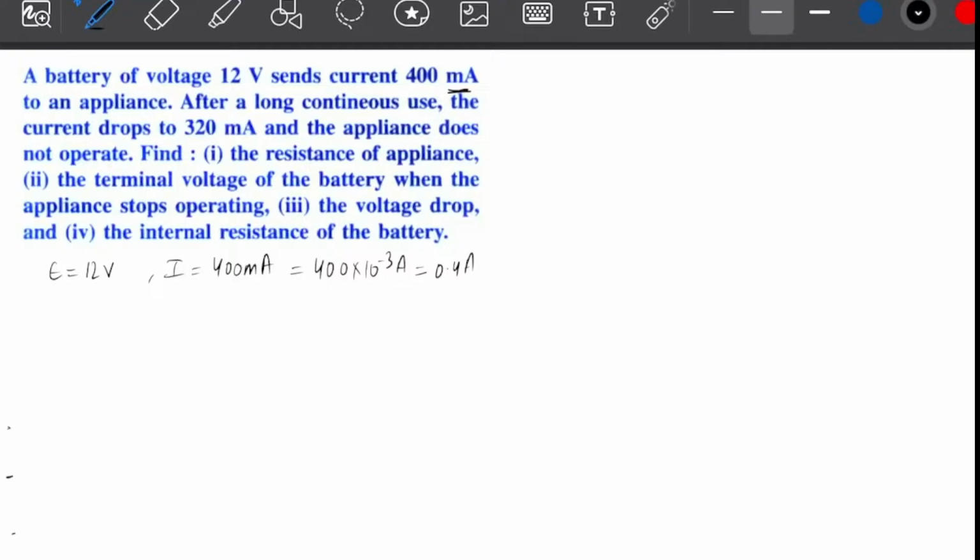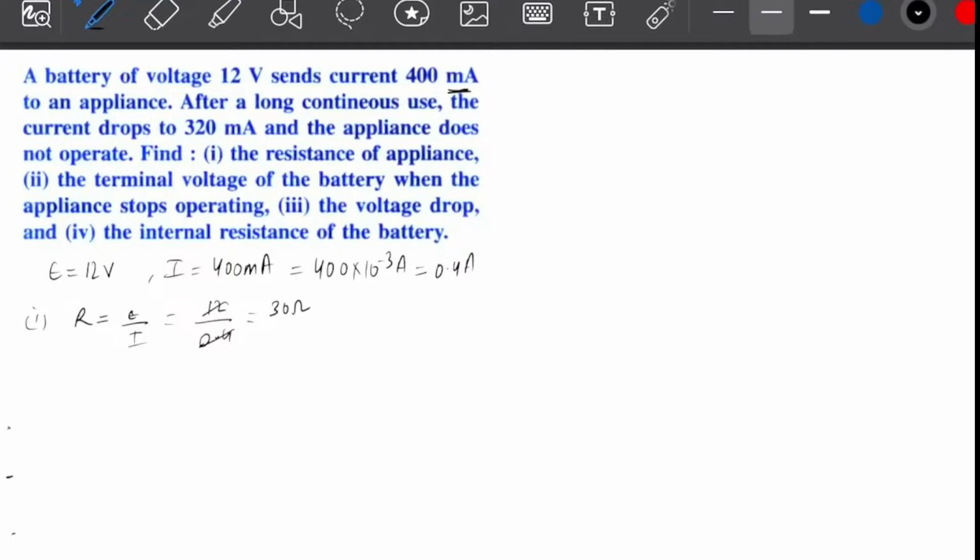The first part is to calculate the resistance. So R would be equal to EMF over current, which is 12 over 0.4, and the value of resistance would be 30 ohms.